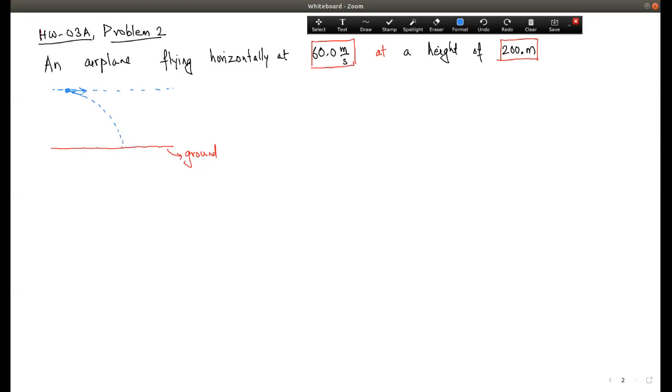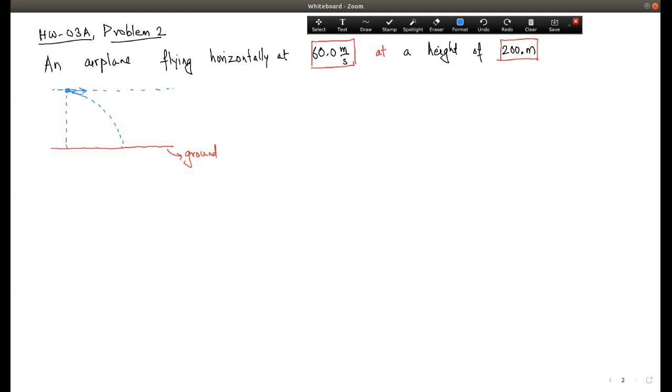And the concept here is that it doesn't drop straight down. One would have expected naively, if you're not familiar with what's going on in this chapter, that you drop the package from the airplane here and that will come straight down. But the point is that anything that is moving with the aeroplane will have the tendency to move in the same direction until something stops it from doing that.